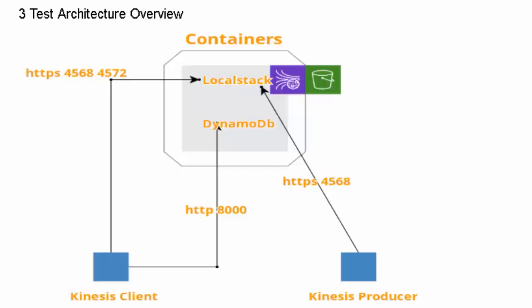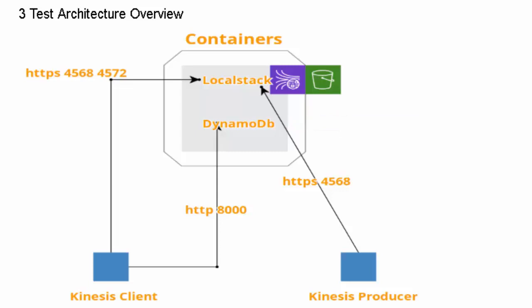This is a high-level architecture diagram of the test architecture, so we can identify and understand the role of the artifacts involved. We have two containers, a Localstack container, which is running Kinesis and S3, and a DynamoDB table, which our Kinesis client must connect to set up what it calls lease tables.